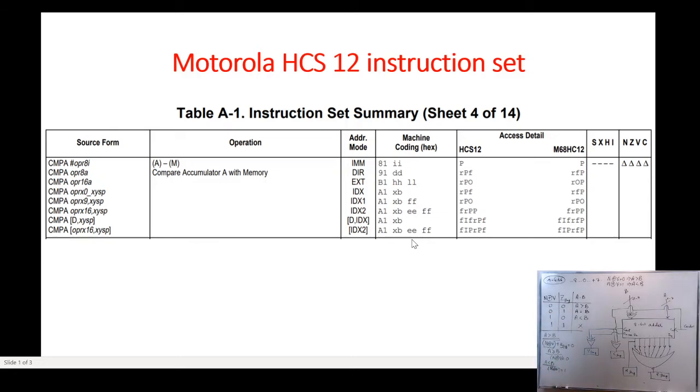So that's for strictly less than B condition checking. And for A less than or equal to B, here I can check for N exclusive or V. Either this can be a 1, in which case A is less than B, or V flag can be a 1, in which case A is equal to B. So this condition is satisfied if either of those is a 1, then A is less than or equal to B.